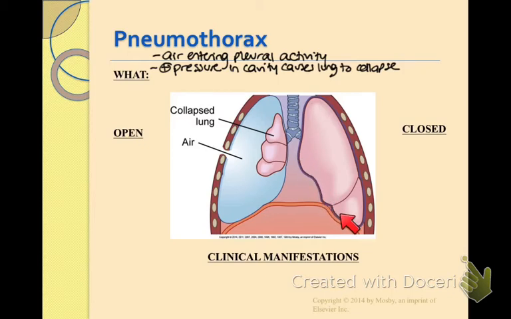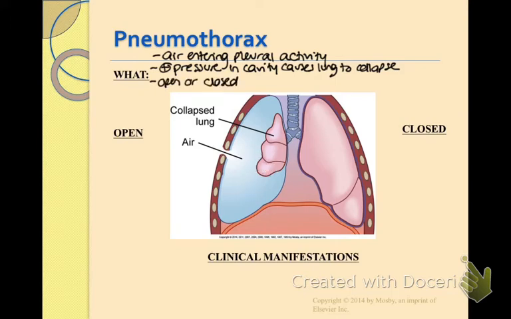And there's a negative pressure, and that negative pressure holds the lung open. When any kind of air enters the pleural space, it causes the lung to collapse because there's positive pressure. It's positively pressing on the lungs because air is entering it.